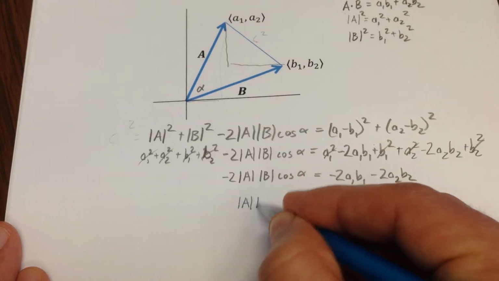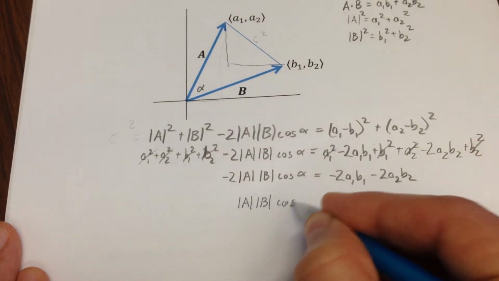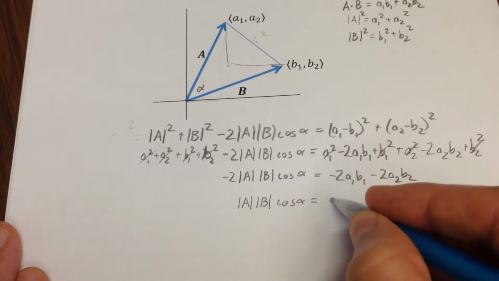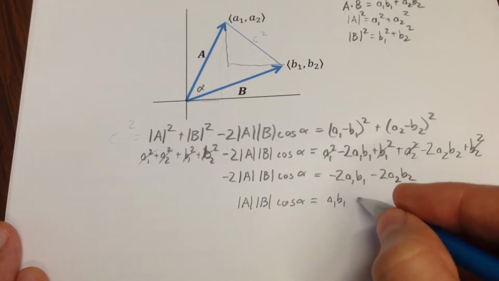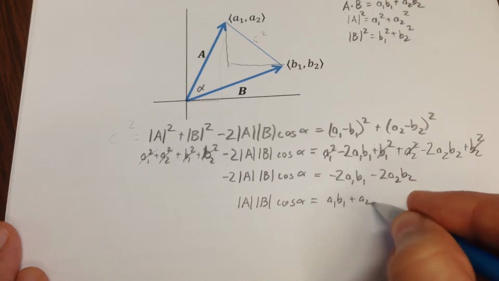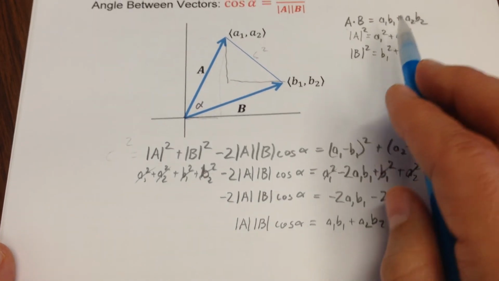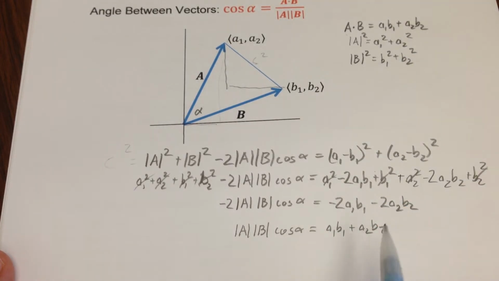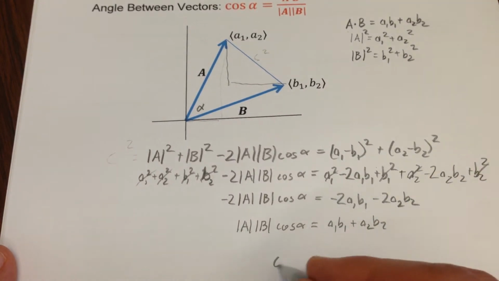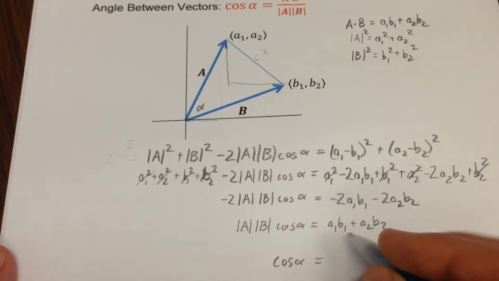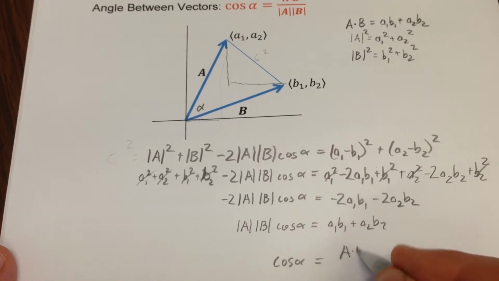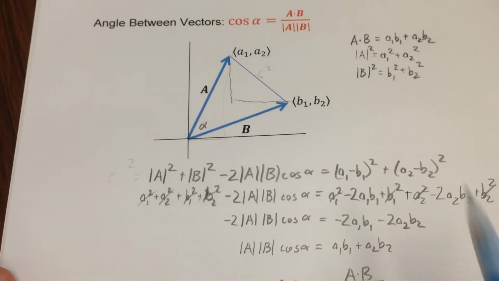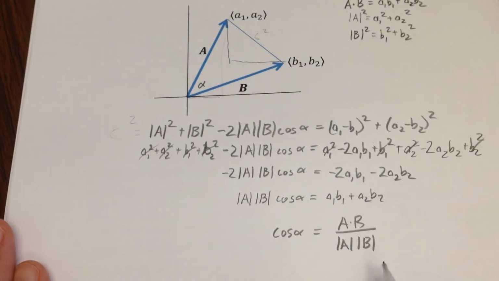I get magnitude of A times magnitude of B times cosine of alpha equals A1 B1 plus A2 B2. Now hold on a second. A1 B1 plus A2 B2, that's just A dot B. So if you get cosine alpha on a side by itself, this is A dot B, and then we divide by that to get cosine alpha by itself. And indeed, we have exactly that formula right there.